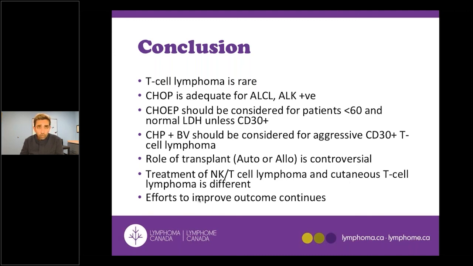So those patients are treated with either CHOP if they are older and they do not have CD30 molecule, or CHOEP if they are younger and have normal LDH, or CHP plus brentuximab if they are CD30 positive. We then consider transplant for most patients except for ALCL, noting, of course, that the benefit of adding transplant to patients with T-cell lymphoma is still not completely clear.